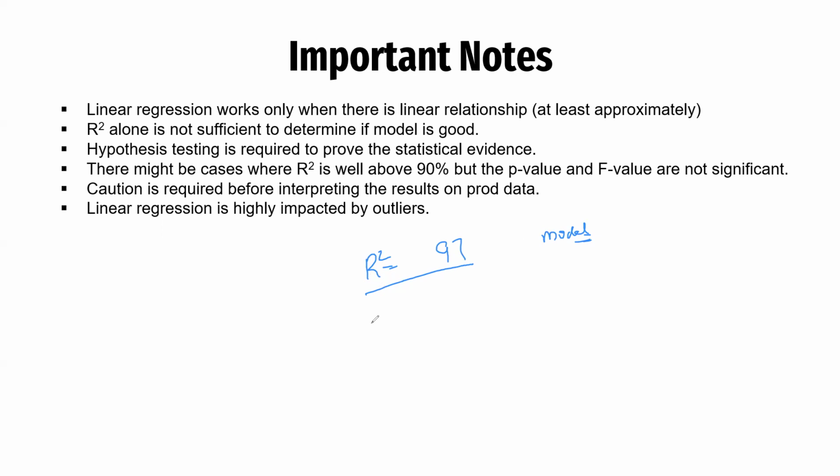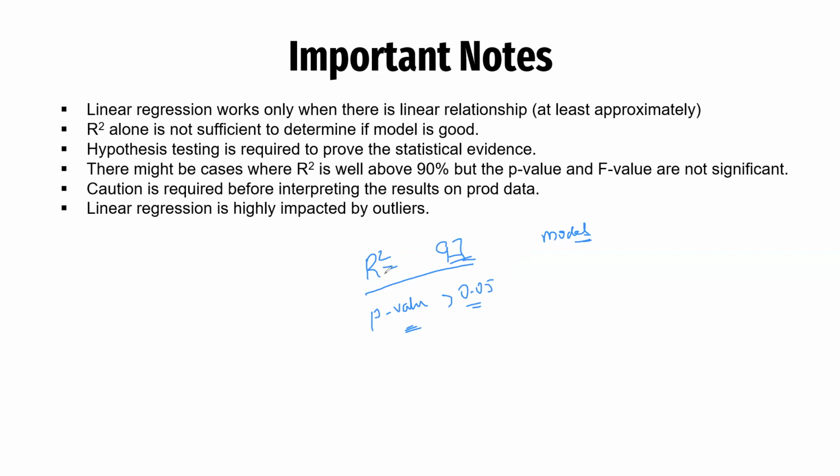We can interpret the numbers in many different ways. Say, for example, if your p value is greater than 0.05 and your r square is 97, it says that the model can explain the variance up to 97%, but because your p value is not good enough, actually y is not dependent on x, but your model is dependent on x.